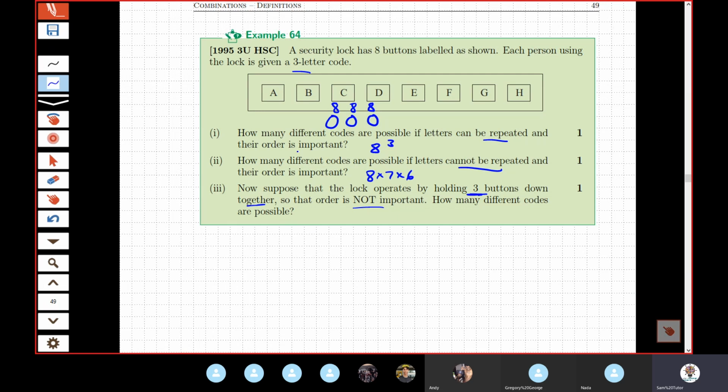Imagine these 8 buttons in front of you, and you're getting your 3 fingers and pressing at the same time. The order doesn't matter. If you clicked on A, then this, then this, that's different to clicking it all at once.